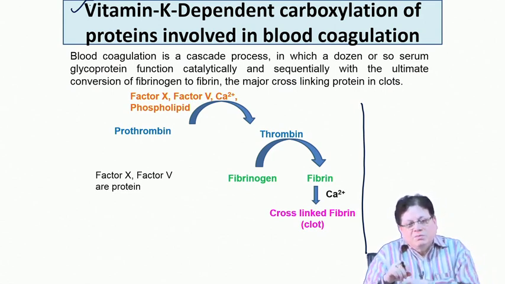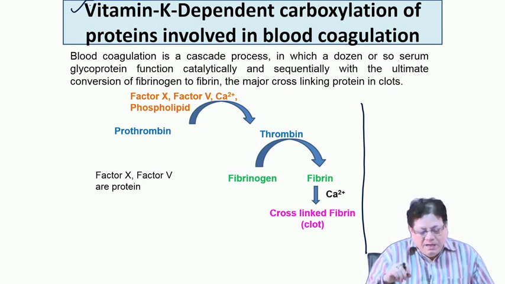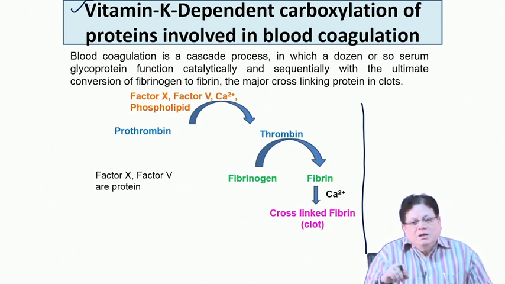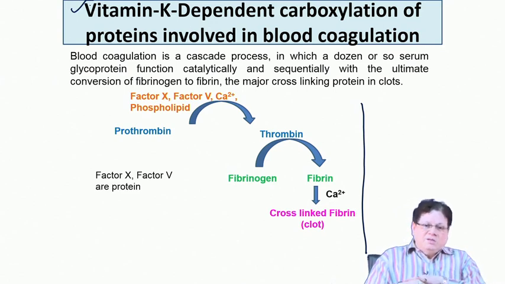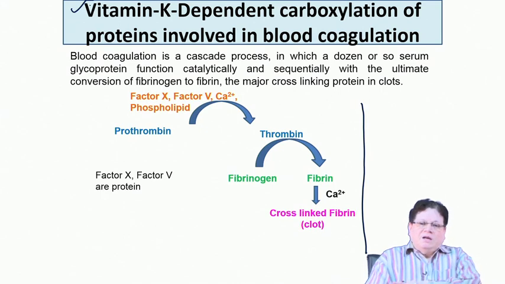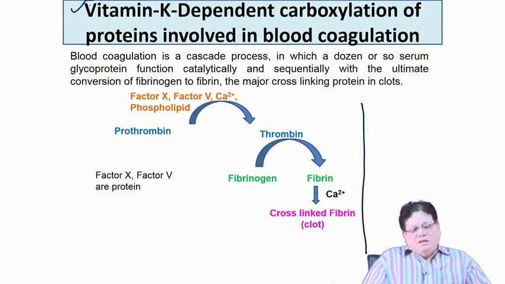After a few seconds or minutes, the blood won't come outside. There is some clot, some blackish thing that covers the cut, and that is what is called a clot, and this process is dependent on vitamin K.